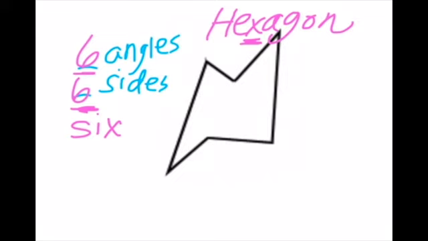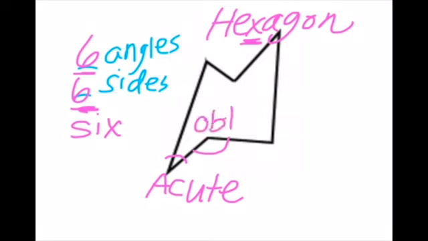Okay, so I see in this shape an acute angle because that is less than 90 degrees, right? And then this angle right here is, of course, bigger than that. So that's obtuse because that's larger than 90 degrees. And anything that's larger than 90 degrees, or that L shape, is obtuse.